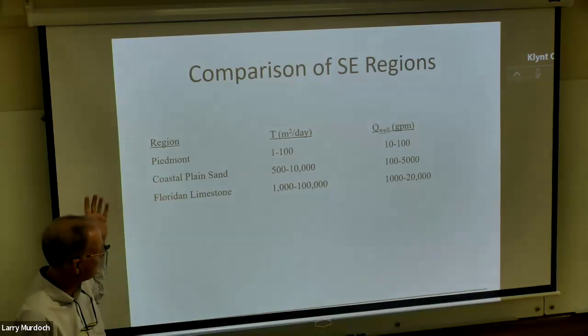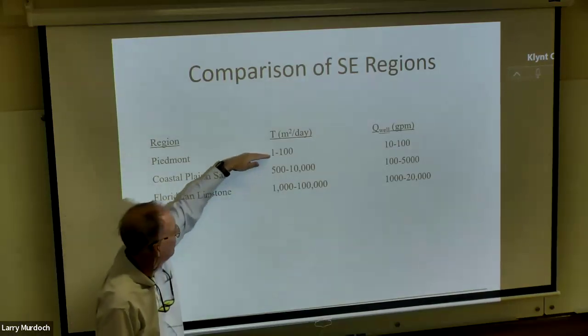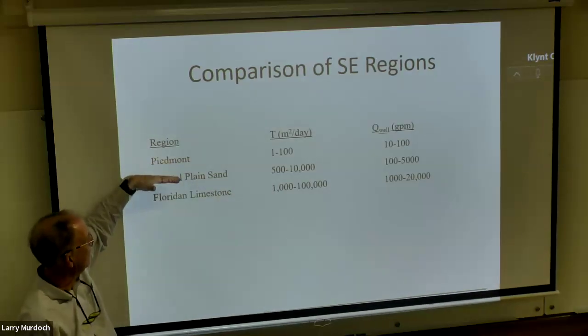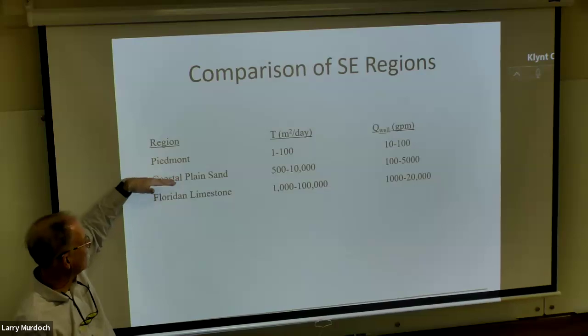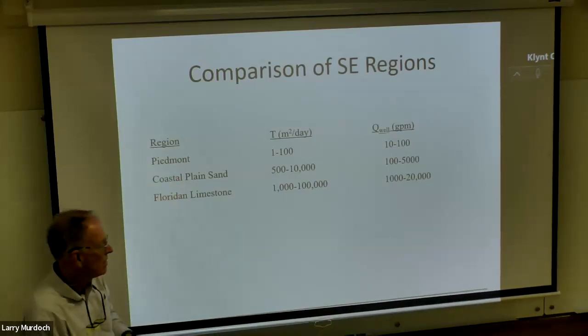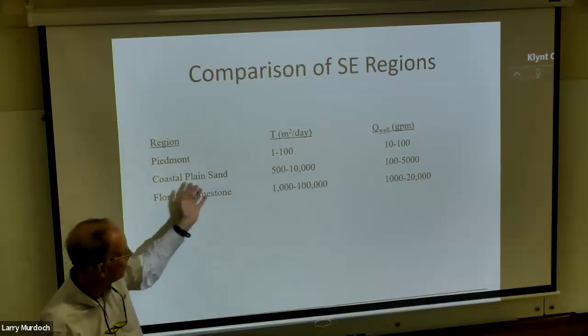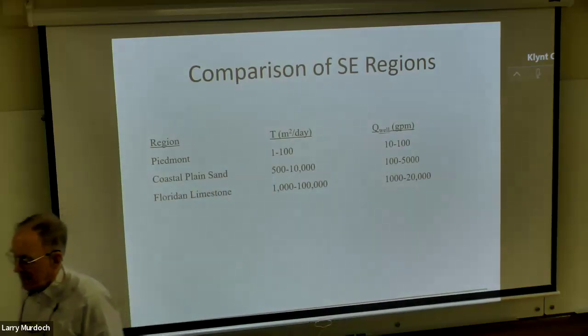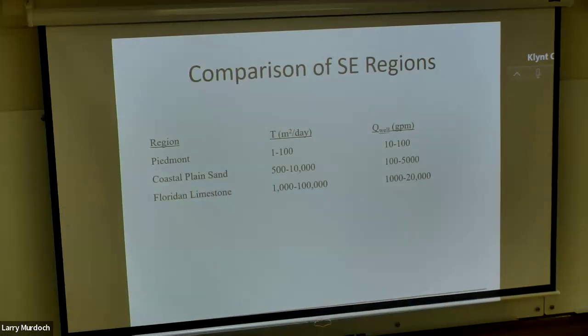So a fairly broad range, but also big increases as you go from the fractured crystalline rock into the layered sand, and then into the limestone with these large dissolution conduits. And that also maps into very big differences in the well yields.